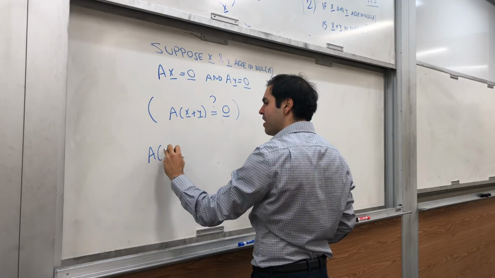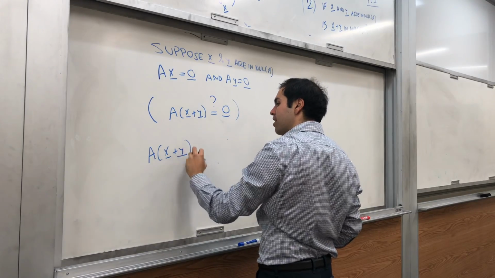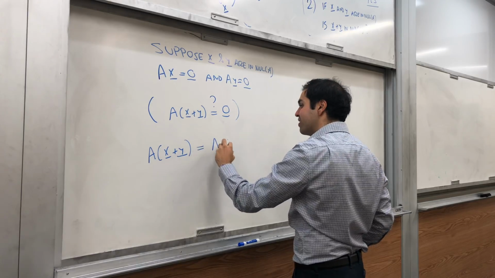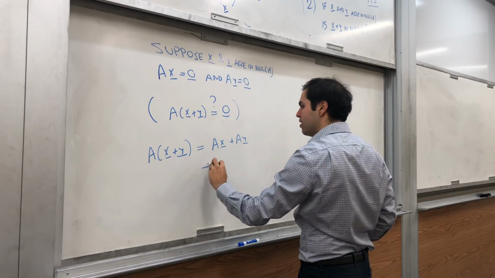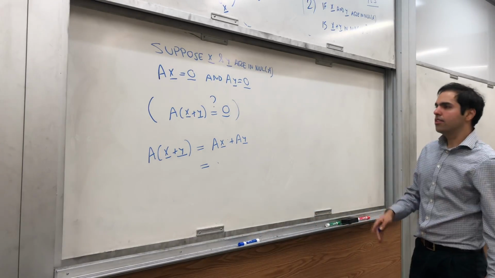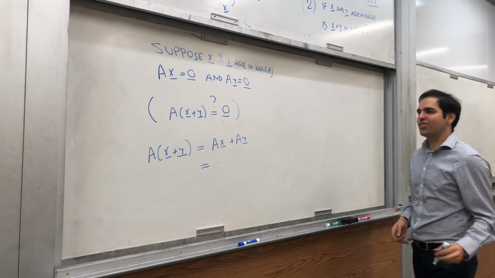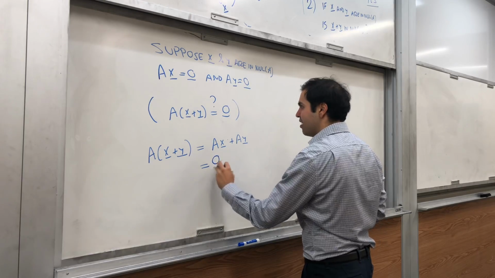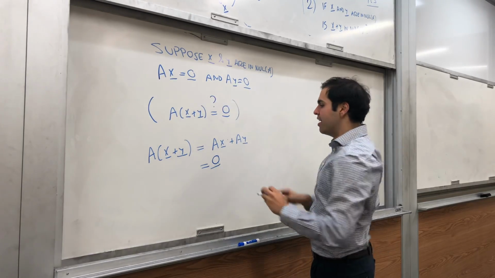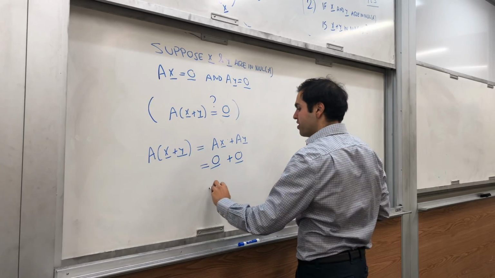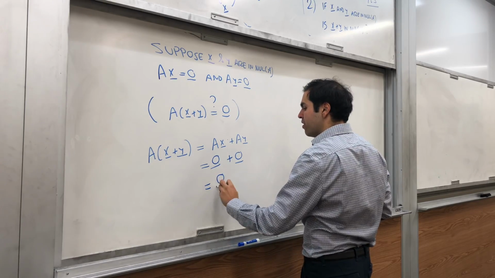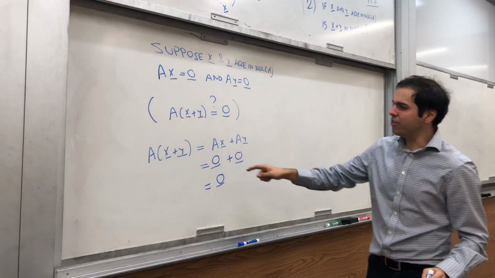Well, let's see. A of x plus y, you can FOIL this out. You get Ax plus Ay. But Ax is just a 0 vector by assumption. Ay is the 0 vector by assumption. And 0 plus 0 is indeed the 0 vector.